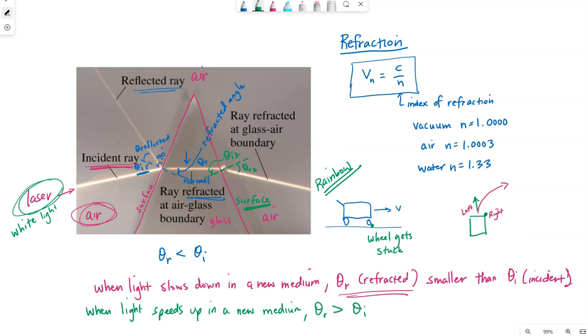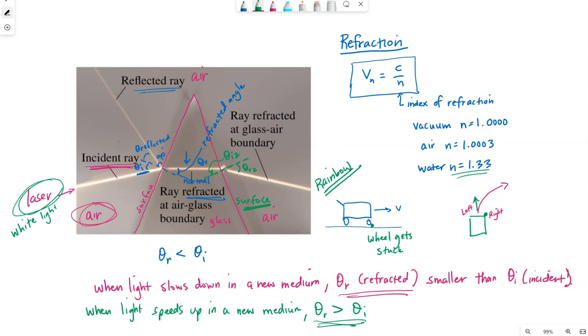The reason why we would see a rainbow is that these indices of refraction, like for water, this 1.33 is an average. It technically is slightly different for each wavelength of light, which means each wavelength of light has a slightly different amount of refraction or bending that occurs.